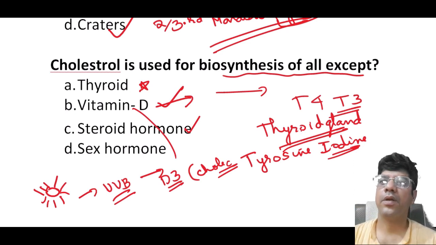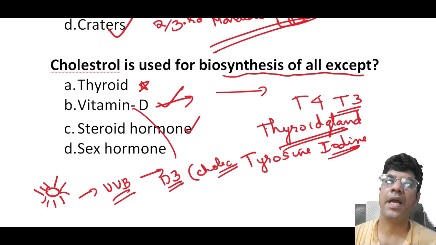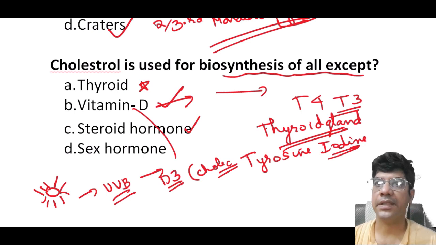The mineralocorticoids like the aldosterone, they regulate the electrolyte balance and blood pressure. The sex hormones include testosterone, progesterone. So steroid hormones, they are synthesized in the various endocrine glands including the adrenal cortex and gonads, and they are derived from the cholesterol through a series of enzymatic reactions.